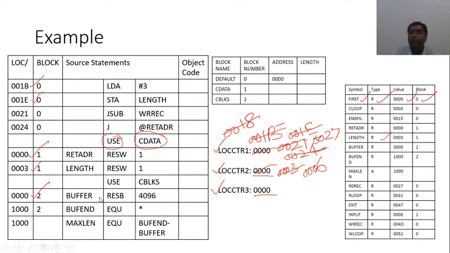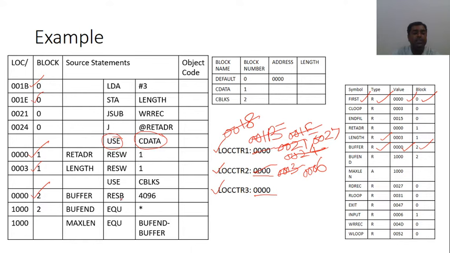And BUFFER will be entered into the symbol table. BUFFER address is 0000, block number is 2, and this is a relative term. BUFEND is block 2, and this signifies that the current address becomes the value of BUFEND. So the current address is what? 1000.